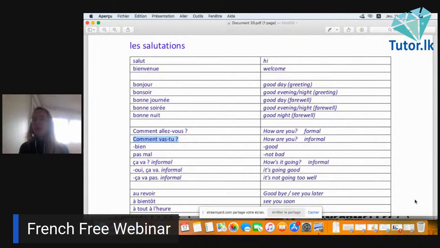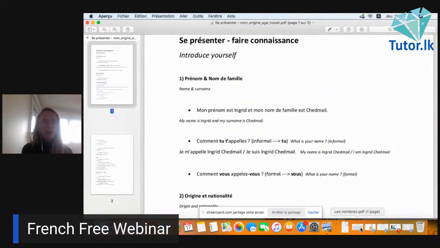And then we can see how to introduce yourself, how to say your name, etc. So, se présenter, faire connaissance. Se présenter in English is to introduce yourself.